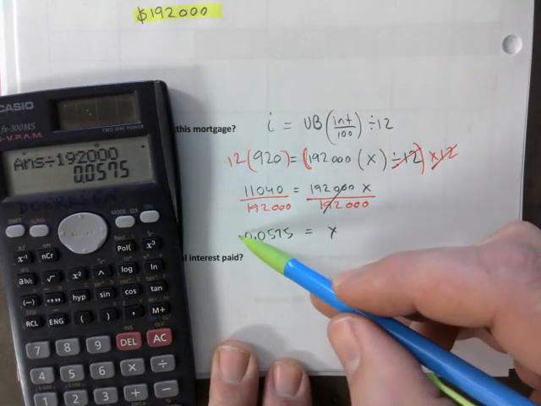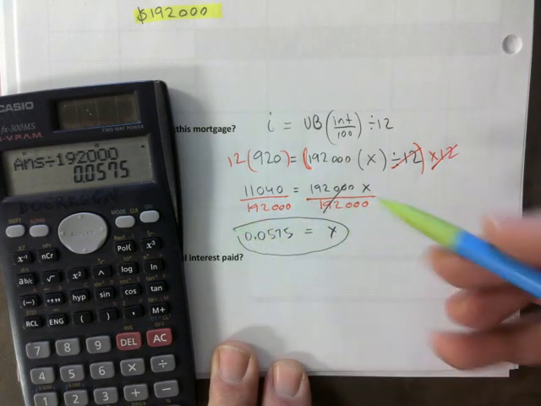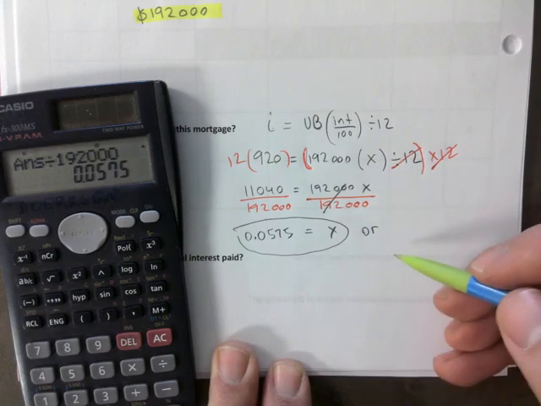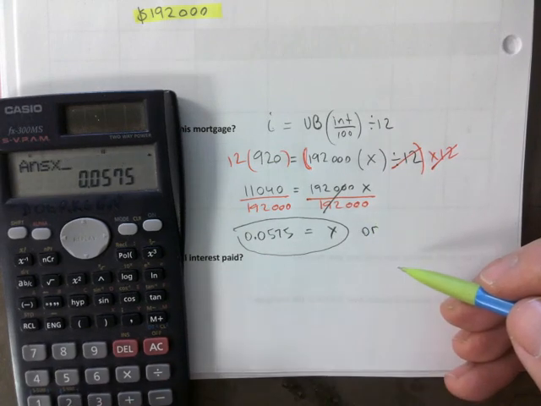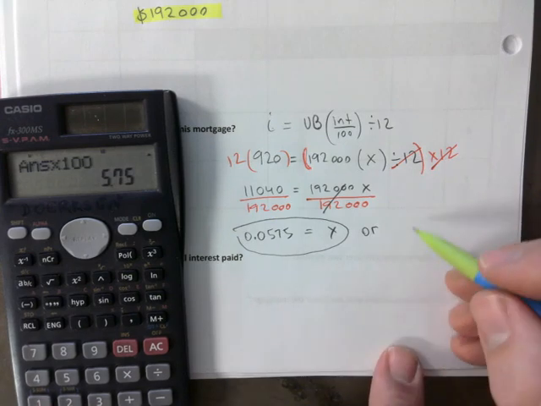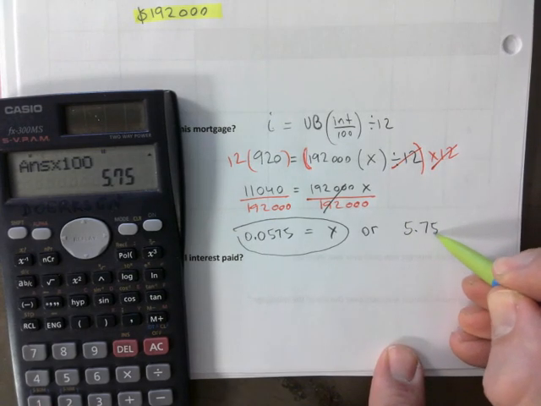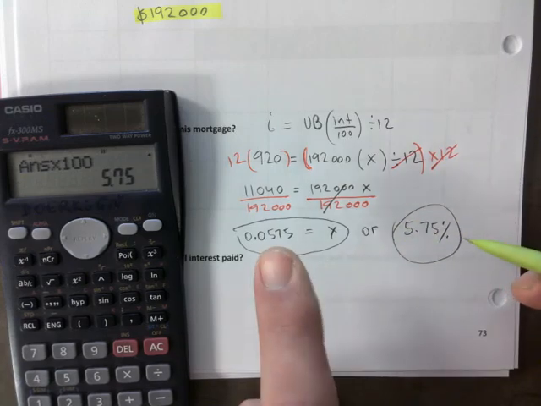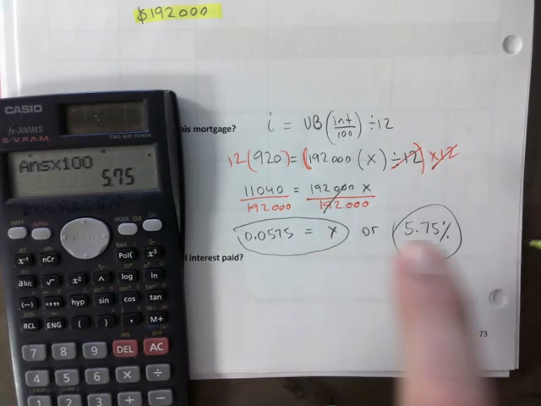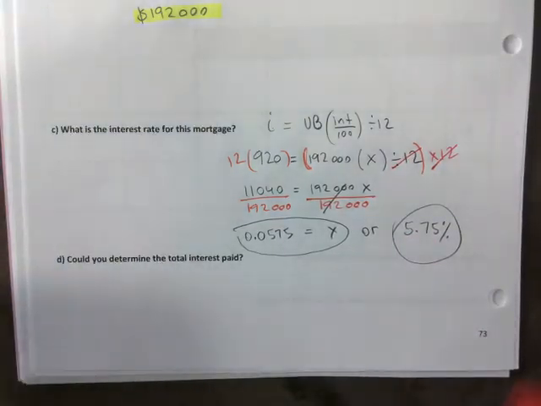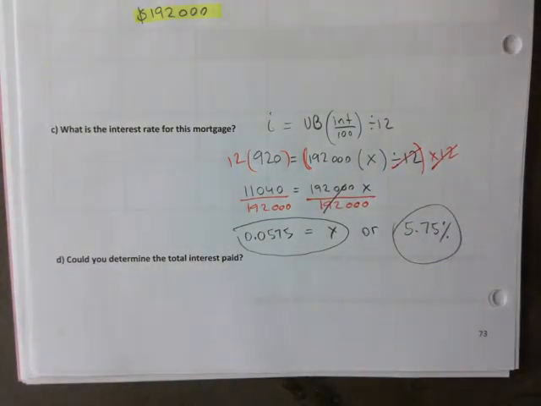That is the interest rate as a decimal, or you multiply by 100 to get 5.75%. Either you leave it as a decimal or you turn it into a percentage. That is fine. We're going to leave it there.